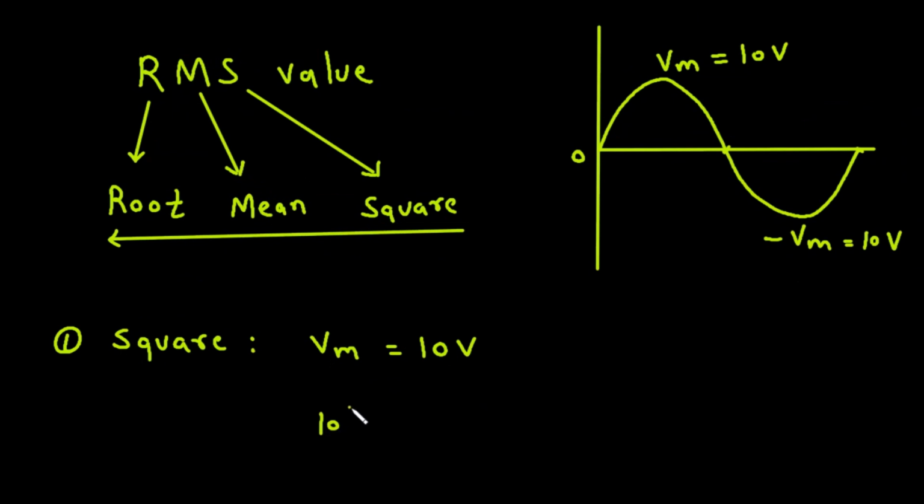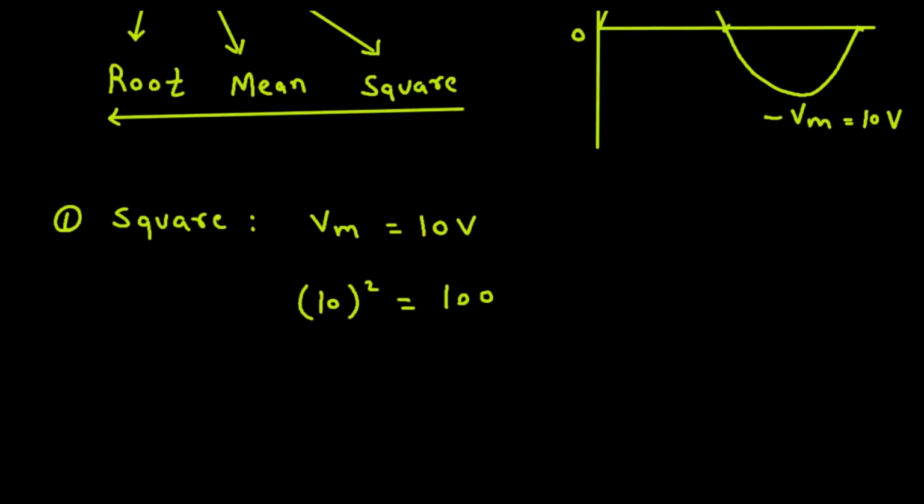So, it will be 10 square is equal to 100. Now, again we have to take the square of this negative Vm also. So, it will be minus 10 square. This time also it will be 100 volt, because if we multiply a negative number with a negative number, the result will be a positive number.